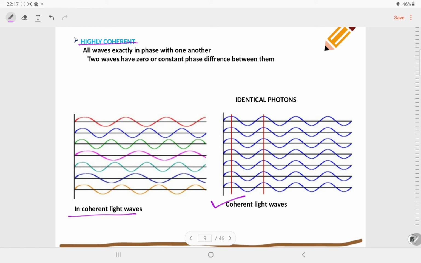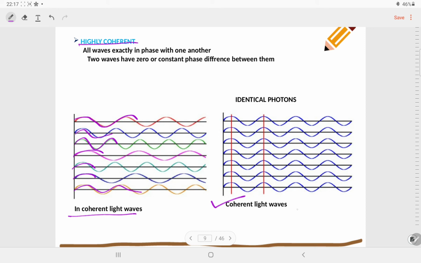We can see the difference with the help of the image. Here one wavelength is there, another wavelength, another, and these are all different waves. But here you can see that the phase difference is exactly the same, because the maximum of one wave falls on the maximum of the other wave, and the minimum of one wave falls on the minimum of the other wave.